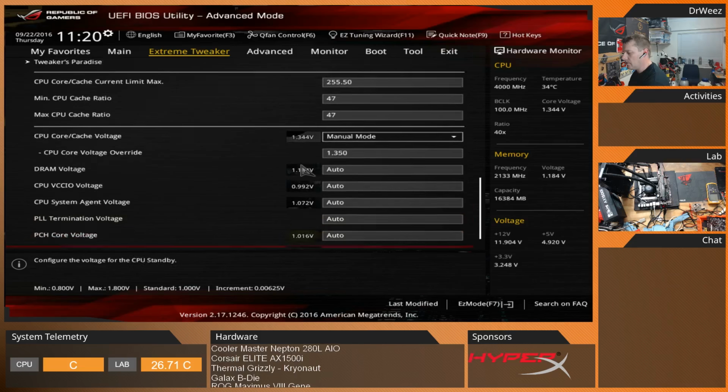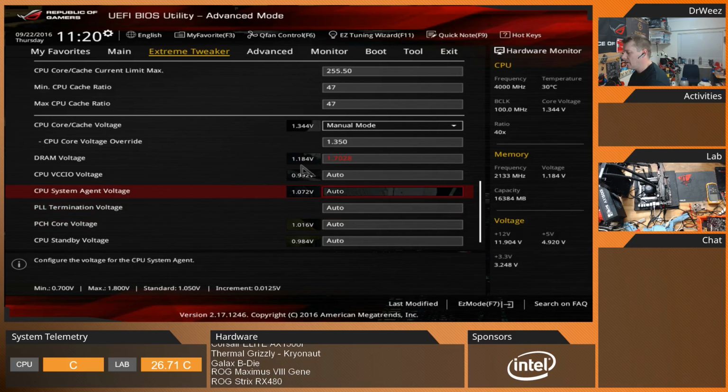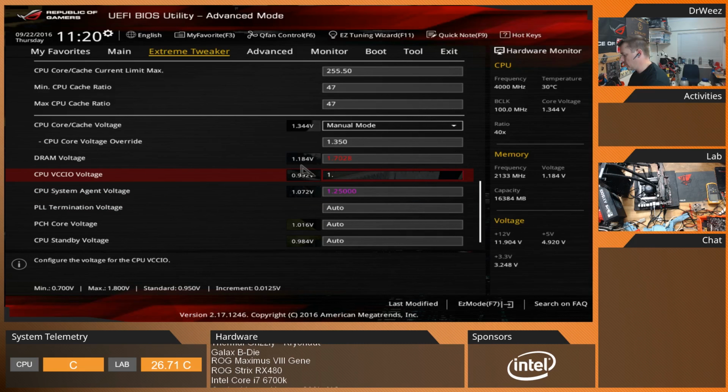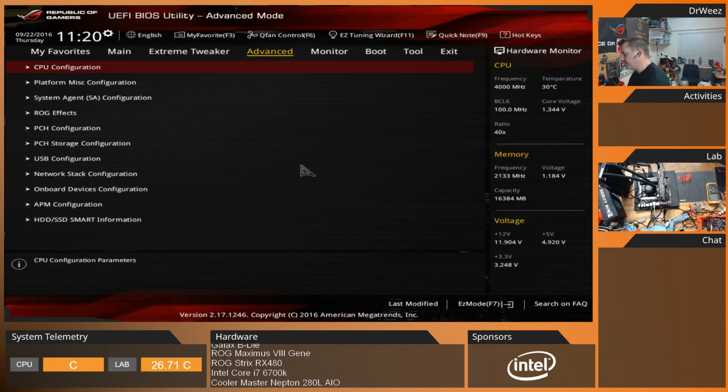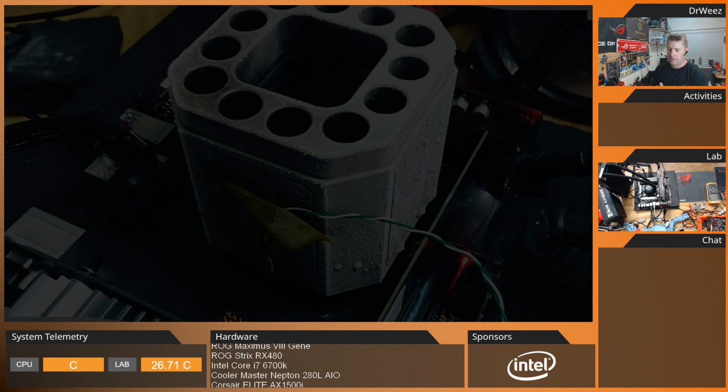The other thing I need to do is to set my DRAM voltage. We're going to set that to 1.7. System agent voltage 1.25, and your IO voltage 1.1, 1.2, 1.1, and that should give us 3866 easy with a 4.8 overclock.